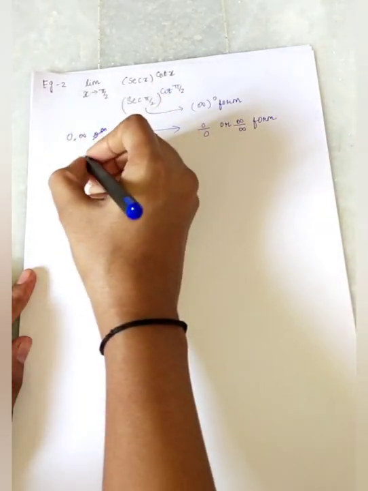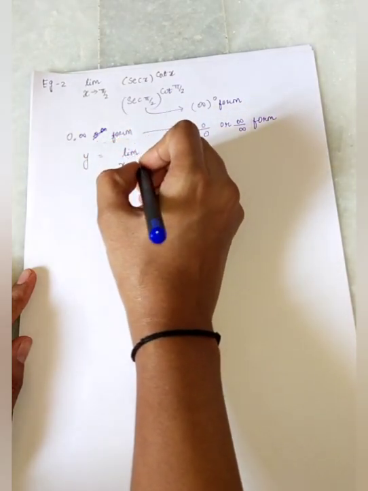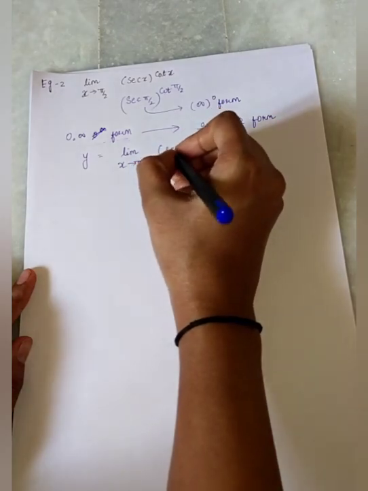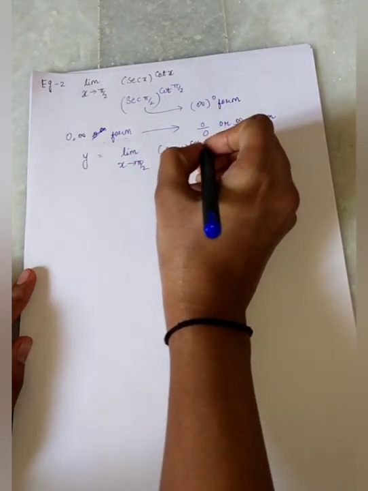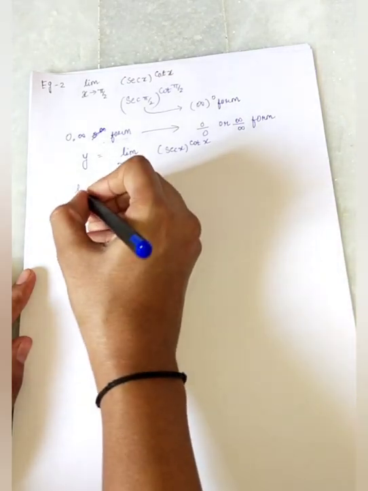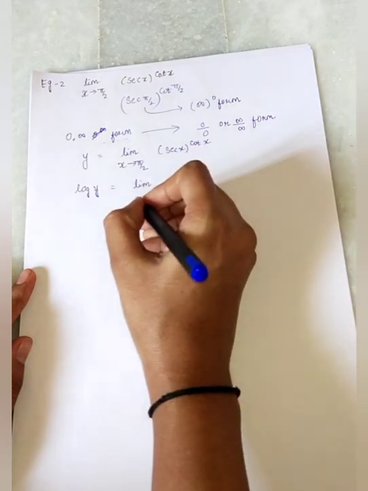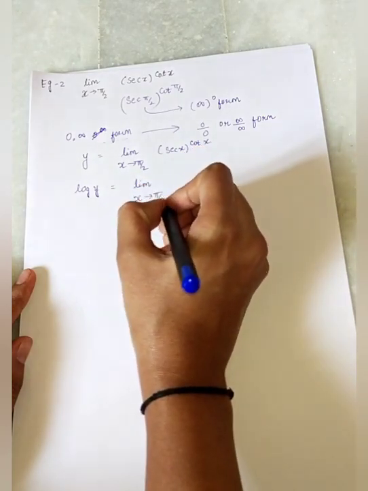So if we consider y is equal to limit x tends to pi by 2 sec x raised to cot x, then we will multiply both the sides by log, so we get log y is equal to limit x tends to pi by 2.